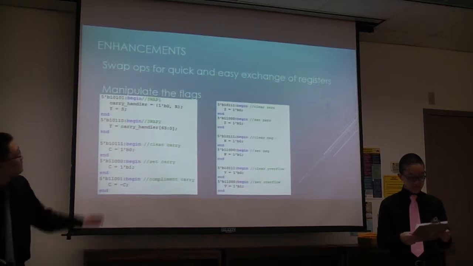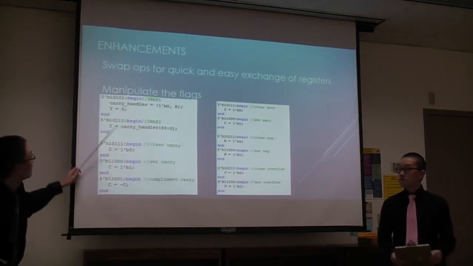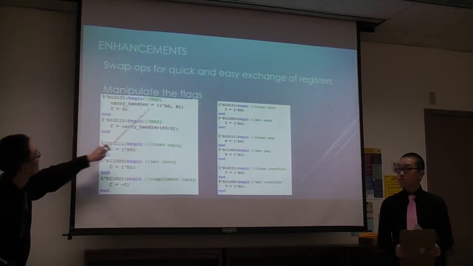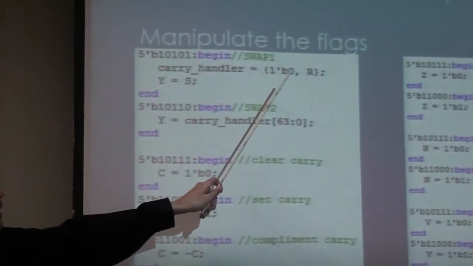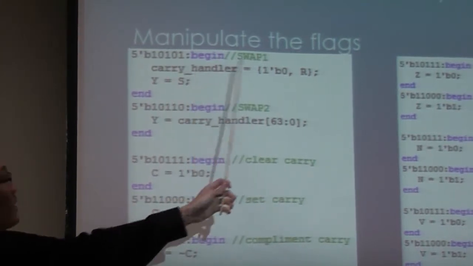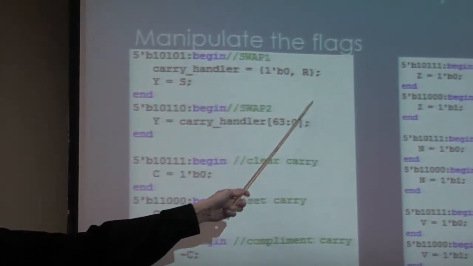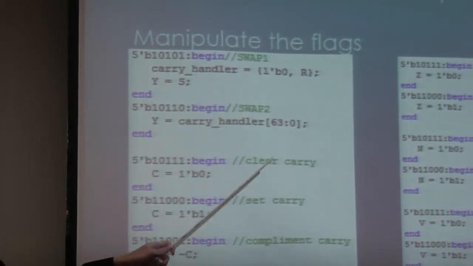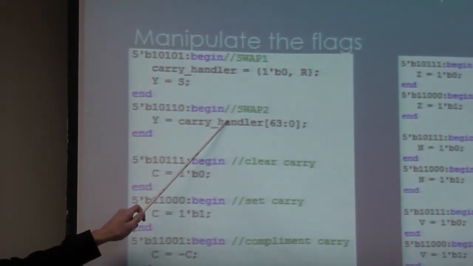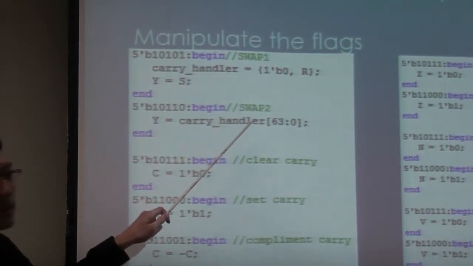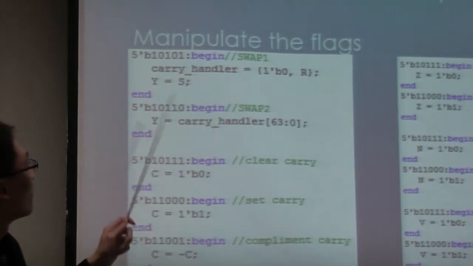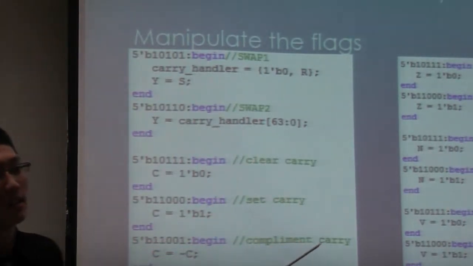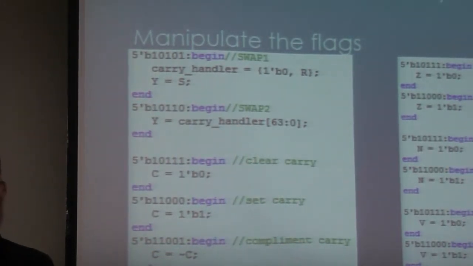To exchange two registers quickly and easily, we created ALU operations, swap 1 and 2, which puts into a temporary register the data of one register, and then the next instruction would have the swap 2 ALU operation, which outputs the temporary register, so that you can easily and quickly swap the two registers.